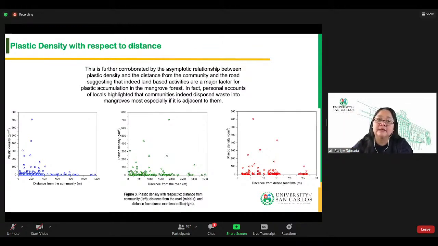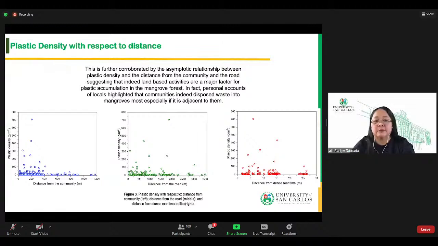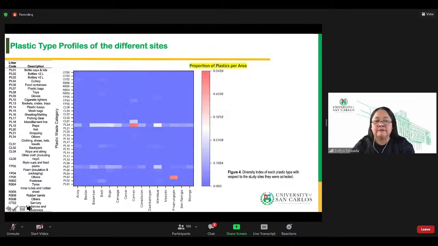So it means that plastics are heavily present where humans are, where business and industry activities are, and where ecotourism, fishing, and port industries are also located. So this is very good evidence to show that the presence of plastics in the environment is directly related to the people around that environment.